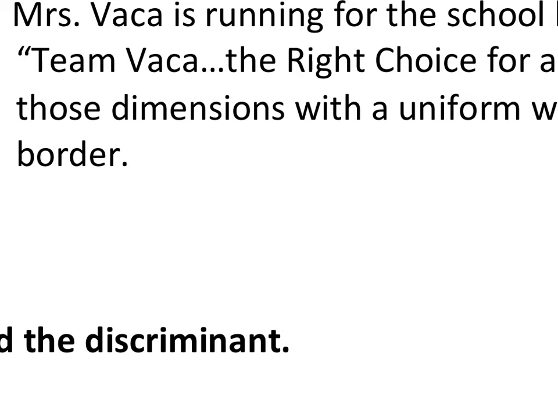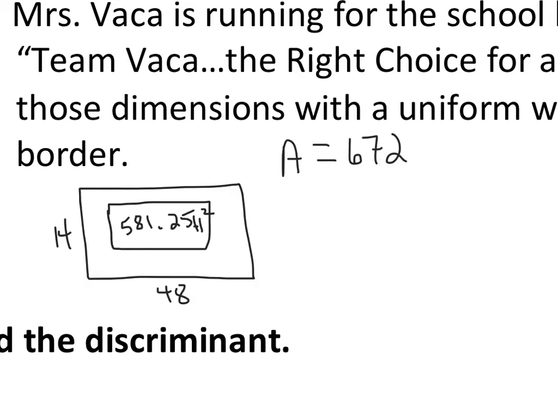Okay, so we're going to set this up just like we set up the other problem. All right, so here we have a picture drawn of the billboard. It's 14 feet by 48 feet, and the area of Mrs. Vaca's picture is 581.25. So what we're trying to find is this value for x.